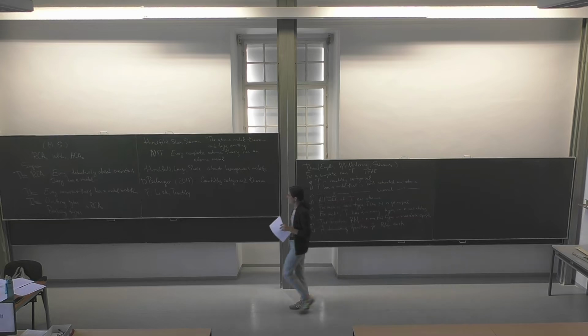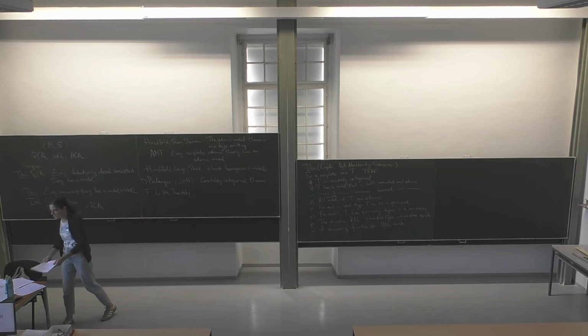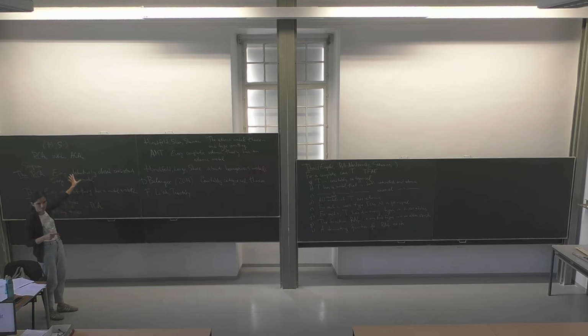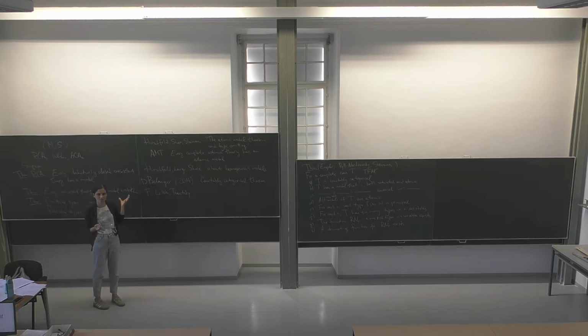Something that I forgot to say here is that when we consider all those theories and structures, in the effective setting from previous lectures we are thinking about decidable theories and decidable structures. So here, when we talk about a structure in this reverse mathematical context, we are actually thinking about its complete diagram.